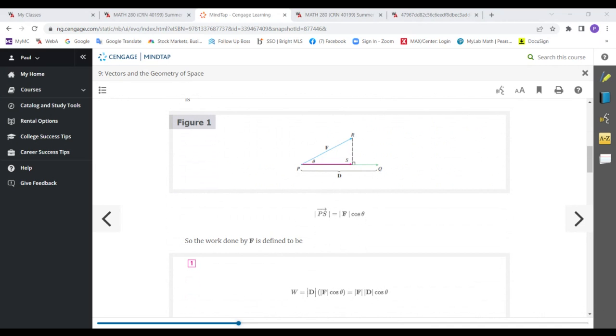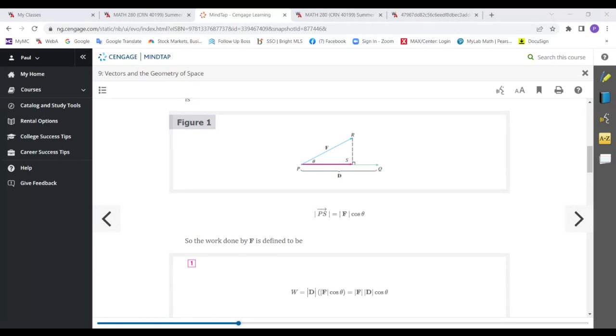It's like if you're pulling a wagon by its handle. Think of the wagon at point P, and the handle of the wagon is that blue line segment PR. You're pulling the handle, and that's the force vector.